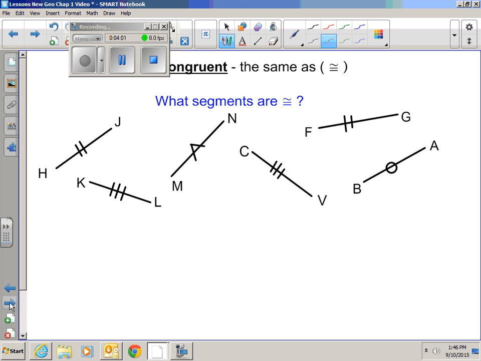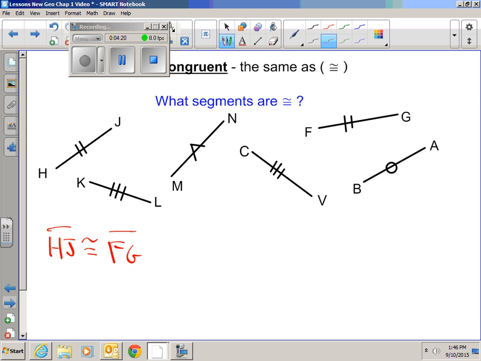All right. Let's play another quick little game. This game is called Which Segments Are Congruent. We can see now we've got to look for similar tick marks. So HJ is congruent to FG, and these are segments, so we write it like that.